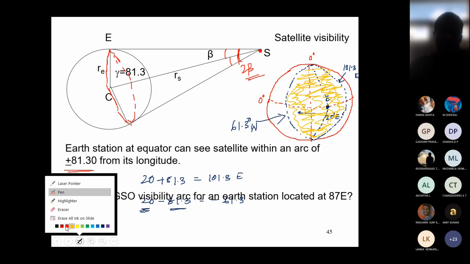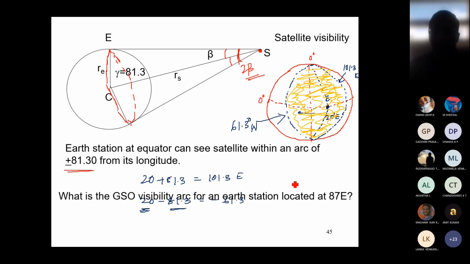But in that question, the location of the Earth station is given as 87° east. Here we have taken the location of the Earth station as 20° east.